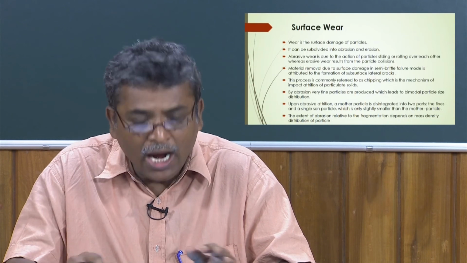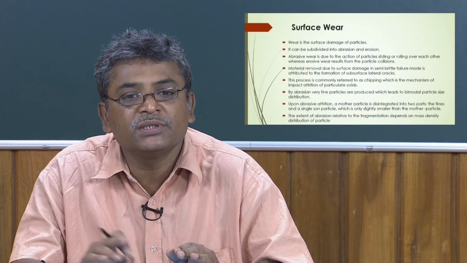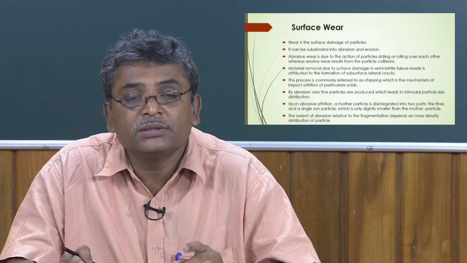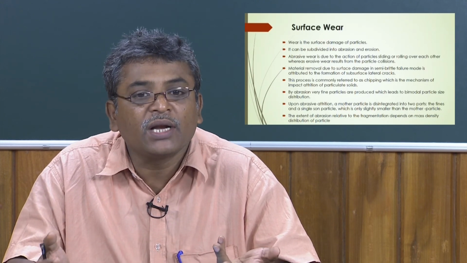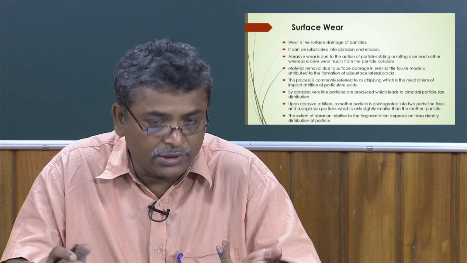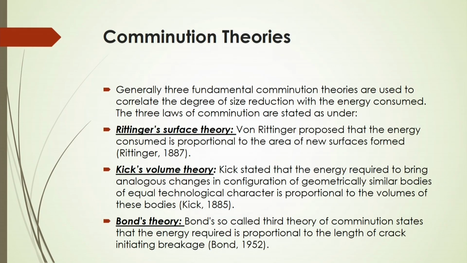So, we have to know that if the size distribution is like this for surface wear, and such a distribution from fragmentation, what is the difference, from which you can identify to what extent attrition actually happens inside the fluidized bed. Before going to the actual mechanism of how this happens, you have to know the theories behind it: what is the mechanism, and how particle collision forms smaller particles.